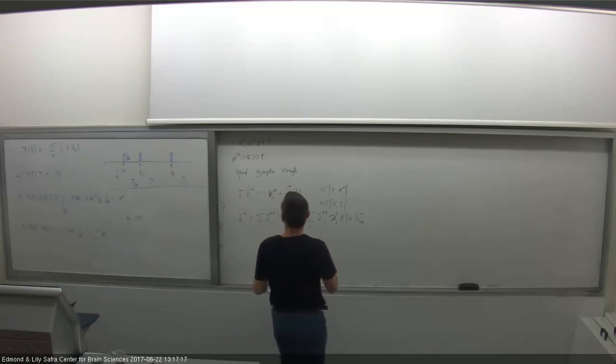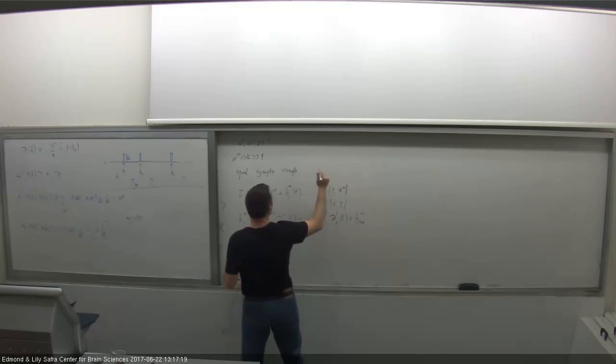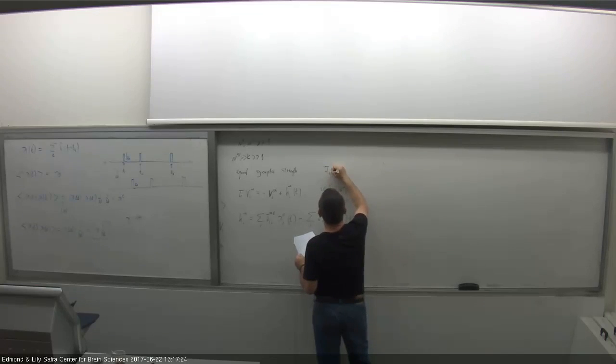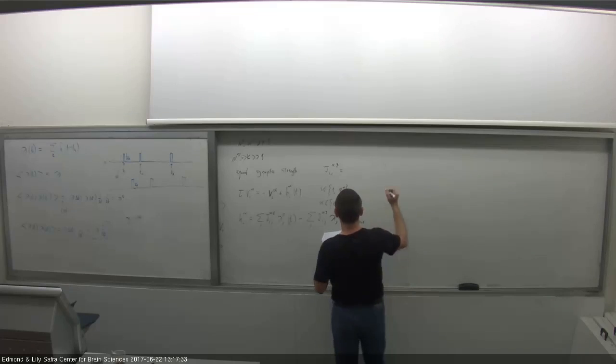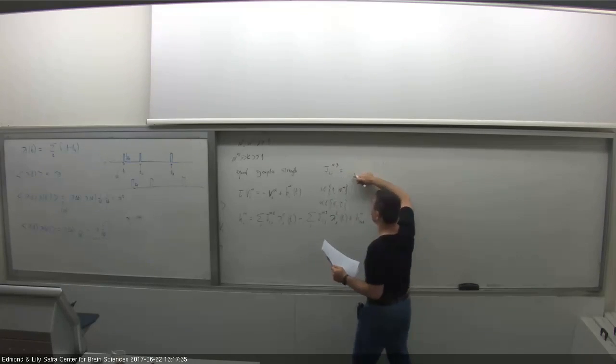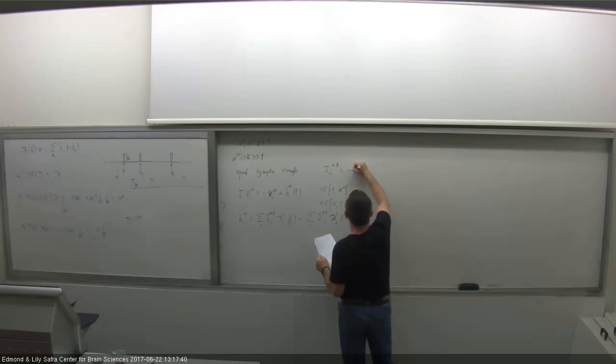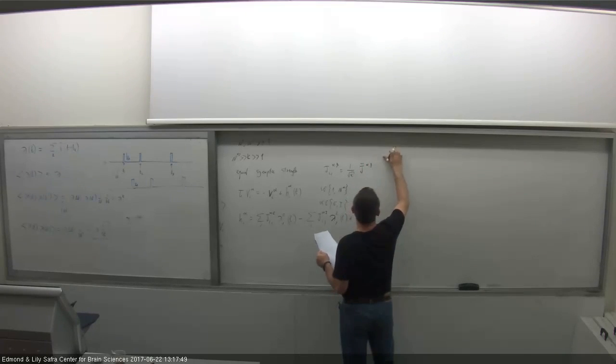Now the assumption of equal synaptic strength implies that J_ij^{alpha beta} is equal to 1 over square root of K times J bar alpha beta.